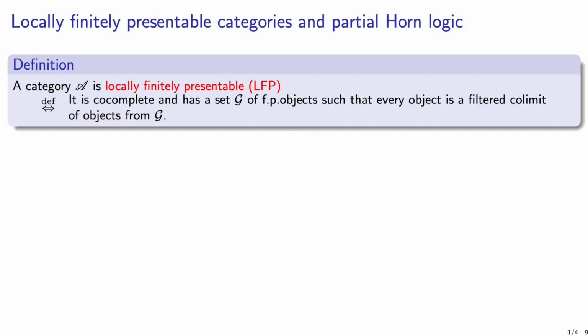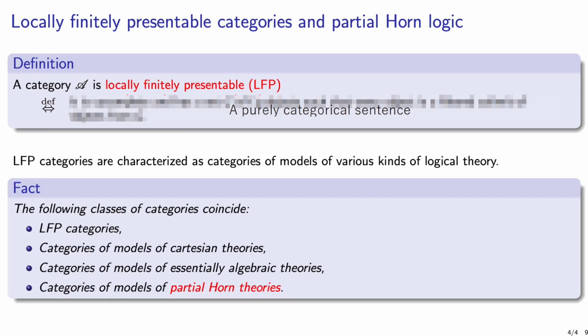Okay, in the next part, we will give a brief description of LFP categories and partial Horn theory. The definition of LFP category is here. However, we will not go deep into the definition of LFP categories in this talk, so the audience can skip this definition. To say more, there is nothing wrong with a mosaic like this.